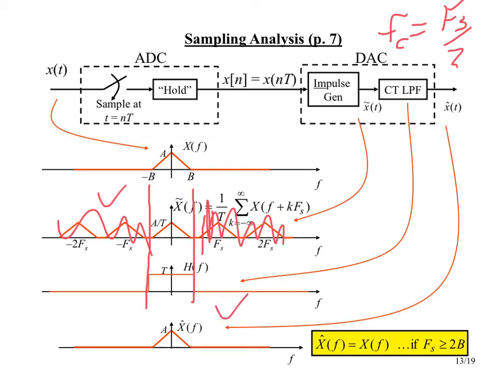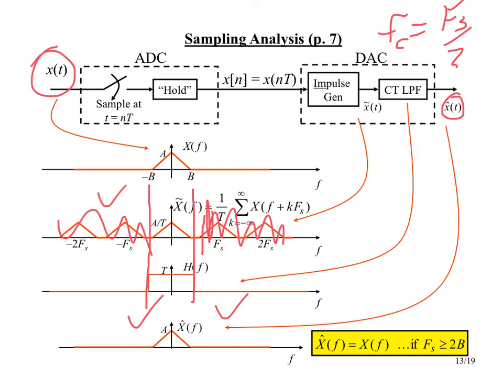And so as long as there's no spectral overlap, then we can perfectly reconstruct, we can extract the original signal spectrum. We can perfectly throw away all the spectral replicas, and we get back the original spectrum, which means that x hat of t will be exactly equal to x of t.